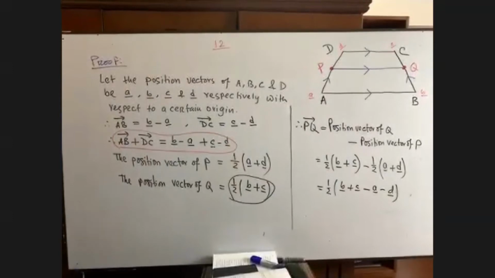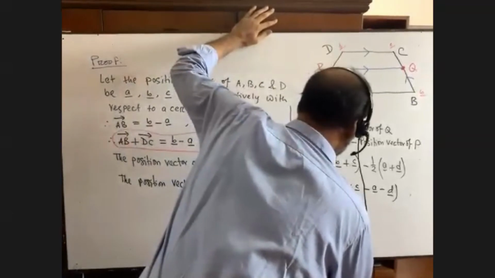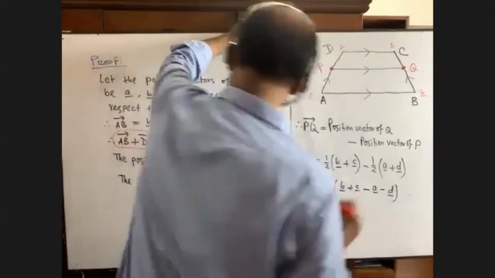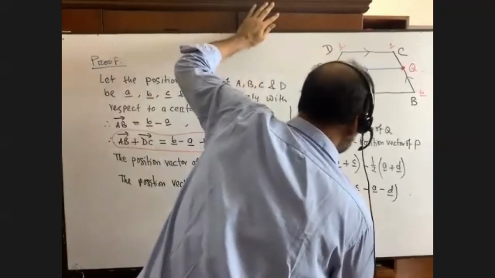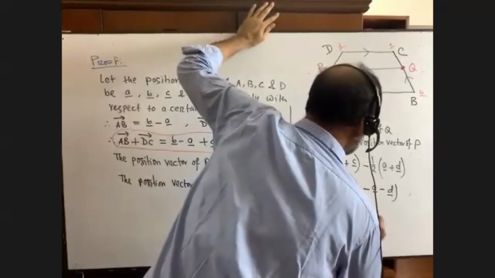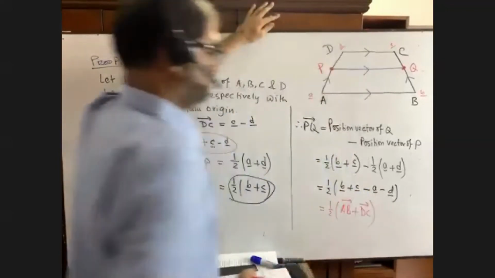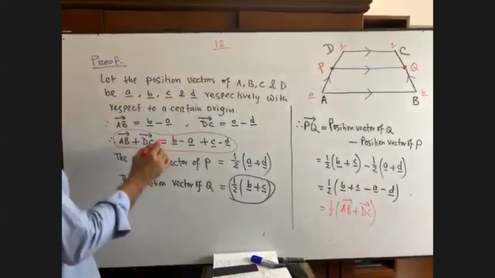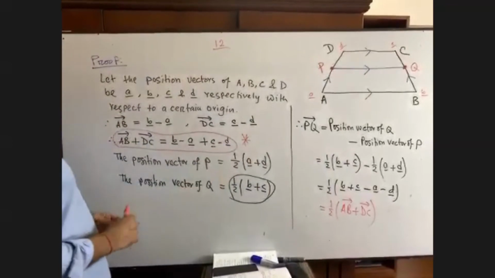Yes, sir. So write here half of AB plus DC. I have just put the values from here.